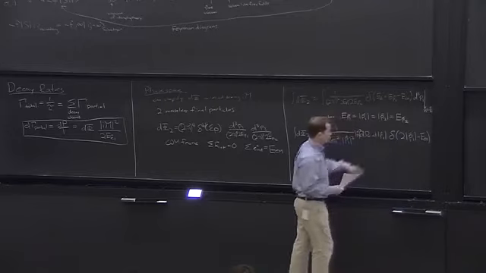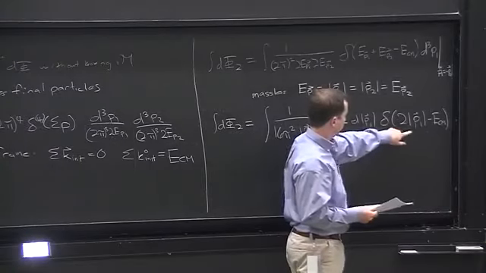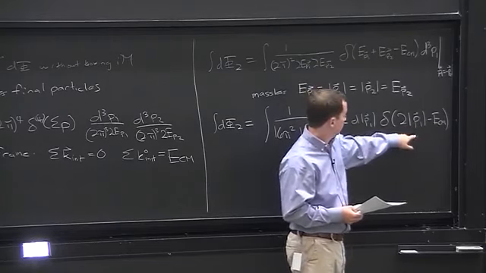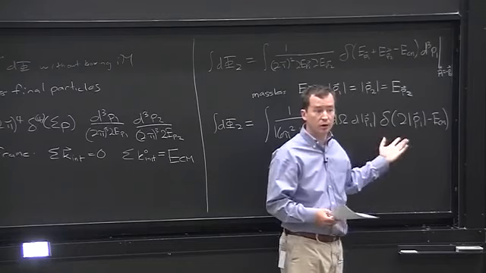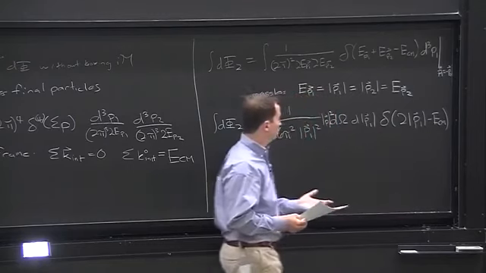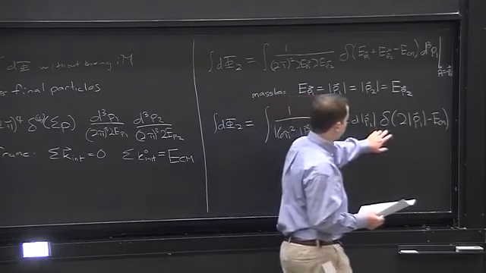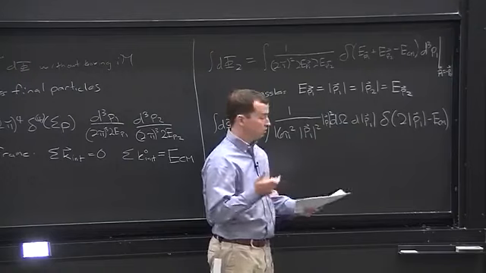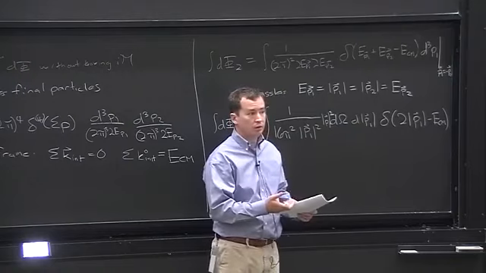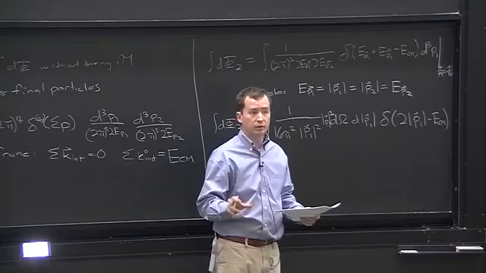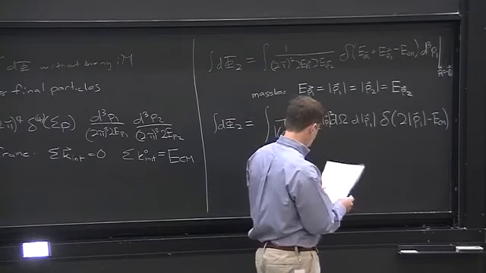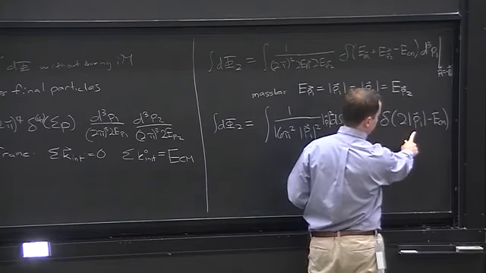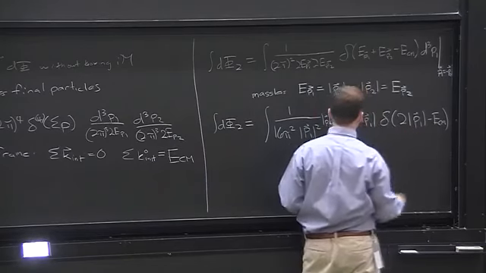And the only thing to keep in mind here is that we have this factor of 2 in front of P1. So this, again, is delta of a function, and we need to use our formula that delta of a function is delta at the zeros over the derivative of that function at the zeros. So doing this integral will not just set P1 to be half of ECM, it'll also give us a factor of a half.